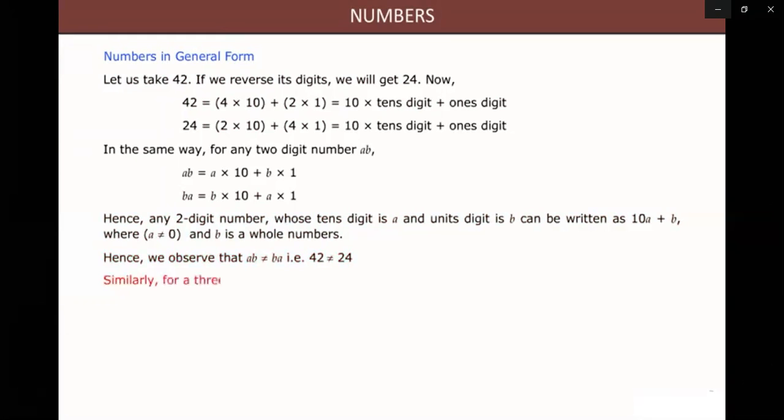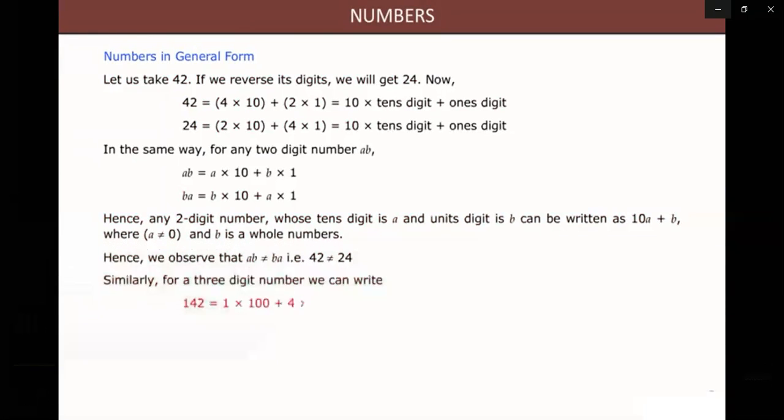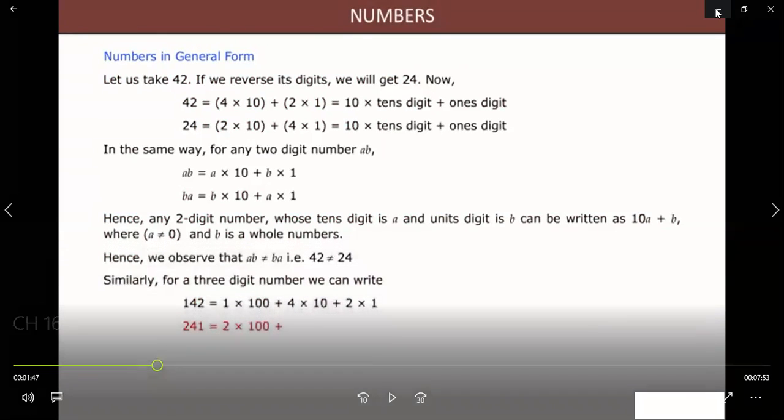Right. Now for a three-digit number, let's see how we can write a three-digit number in its generalized form. So let us take a number 142. 142, you can write 1 into 100 plus 4 into 10 plus 2 into 1. And similarly, if you reverse it, the number that we'll get after reversing the digits is 241. 4 will remain in the middle position, but only the positions of the hundreds and ones digits change.